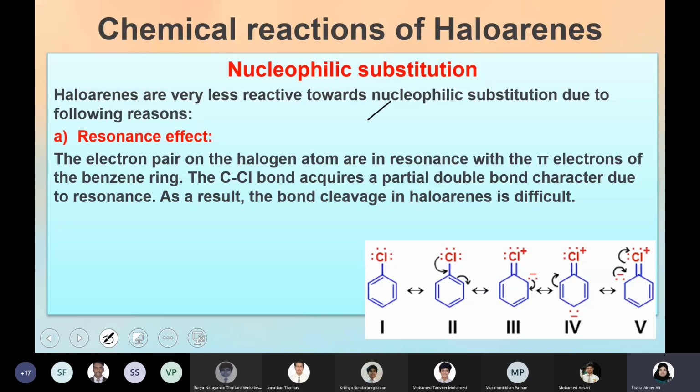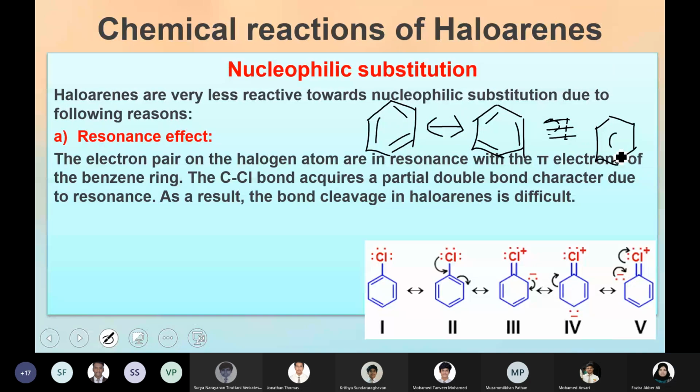The two structures of benzene are resonating structures. That's why we use the two-headed arrow, indicating that both are equivalent to drawing it like this. That is what happens in normal benzene.